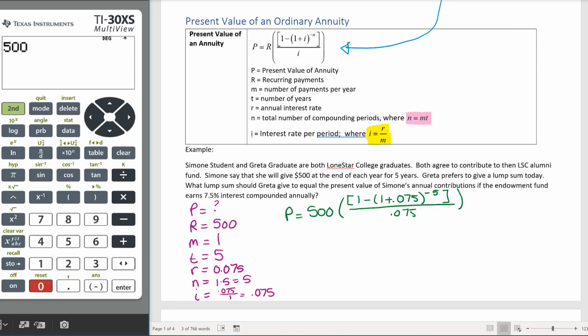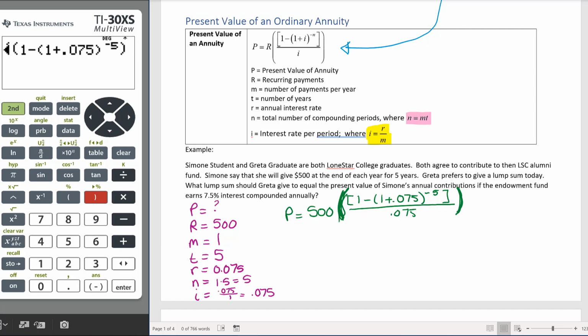So I have 500, then the parentheses, then another parentheses, because every time I see a bracket or parentheses, I've got to type it. 1 minus, open up another parentheses, 1 plus 0.075, parentheses, caret, raised to the negative 5. Now that's up in the exponent, so I need to get out of the exponent, close that parentheses, but I'm not going to do the big parentheses until after I finish dividing by the bottom, right?